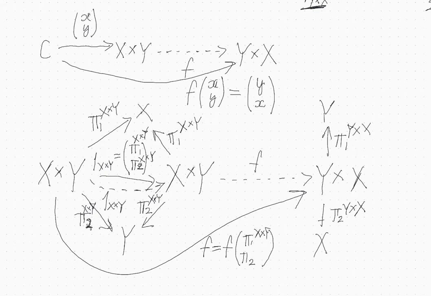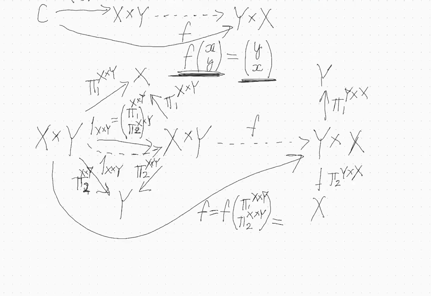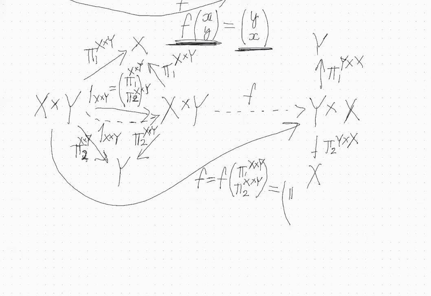We want this composite here to equal the ordered pair pi2 x cross y, pi1 x cross y.